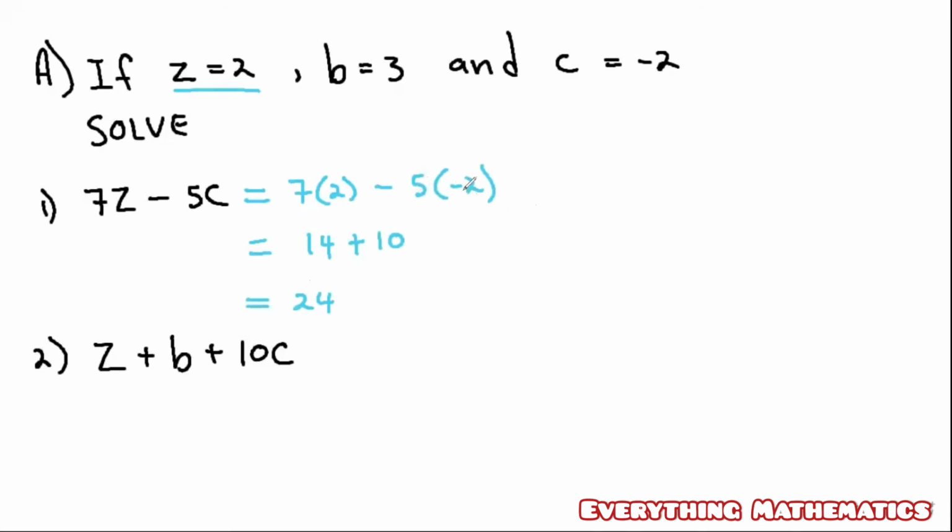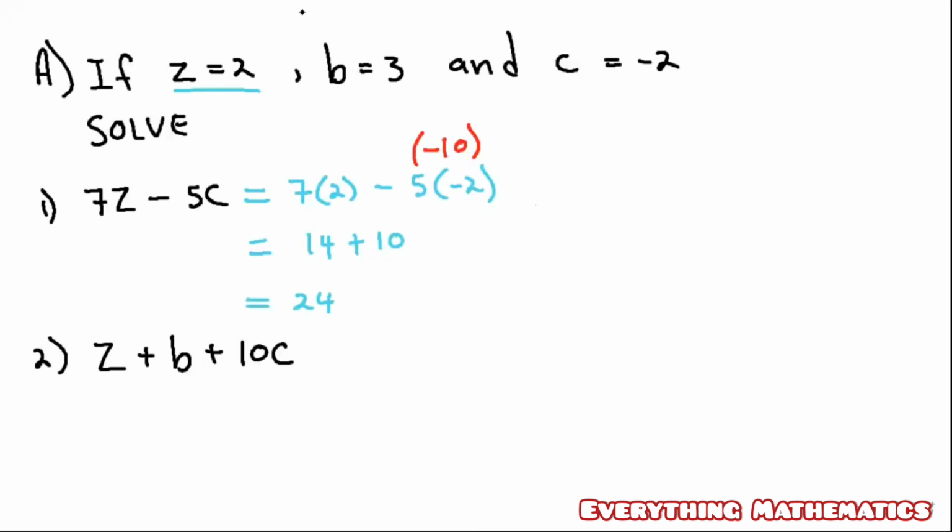When I multiply this 5 by this -2, I will get -10. Good? That's what I will get. But this -10 now has this negative outside here. So this negative with this negative will eventually make it positive. And that's what I have there as a reply, right? Very well. So the answer, yes, is 24.